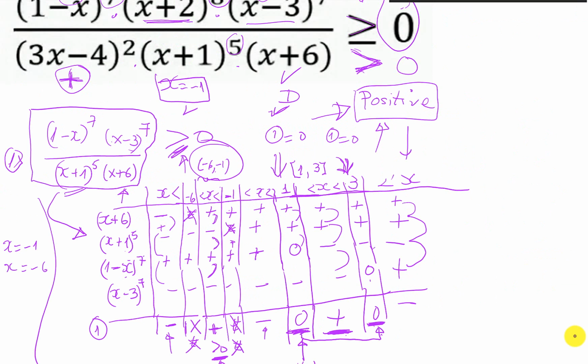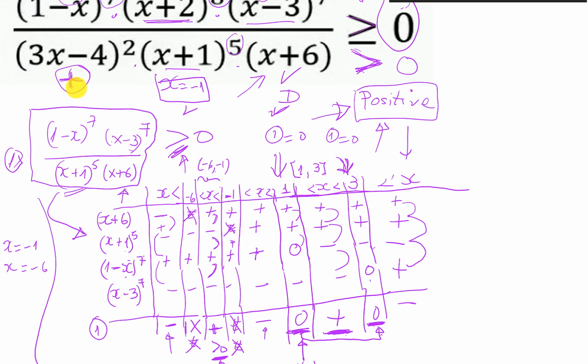I have to make a correction here. At those points, the inequality doesn't exist. Then -1 is not part of the solution, which is true over here. -6 is not, which is true over here.